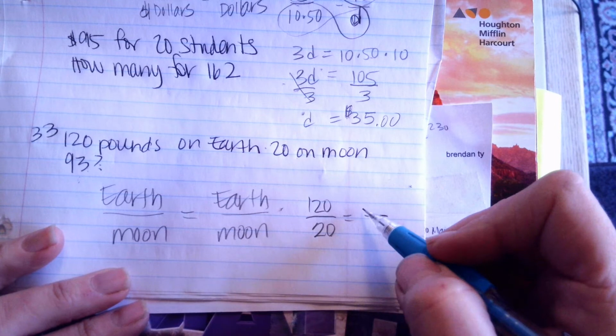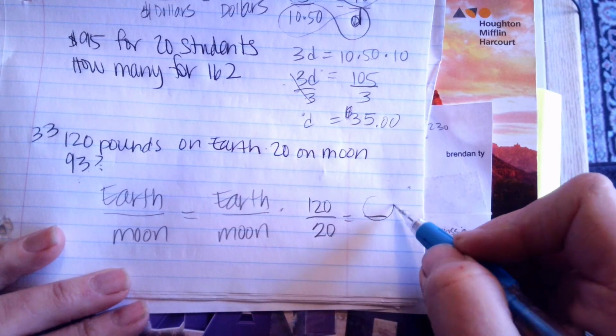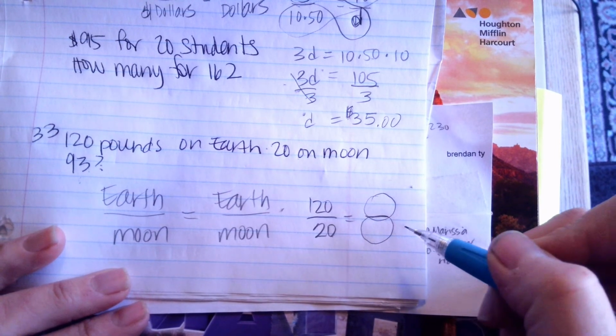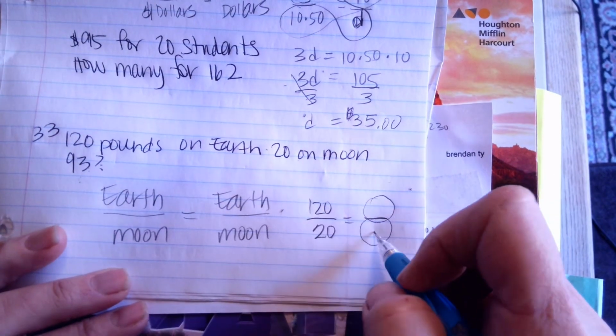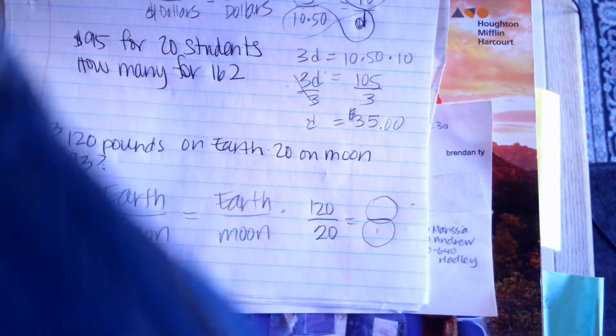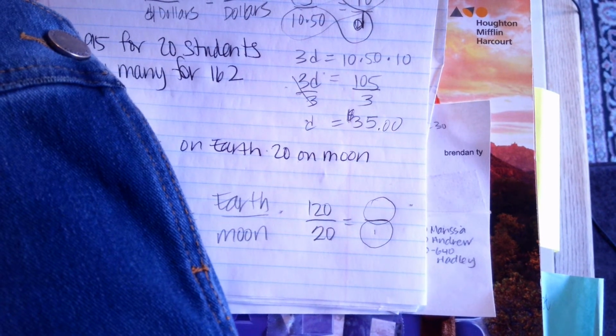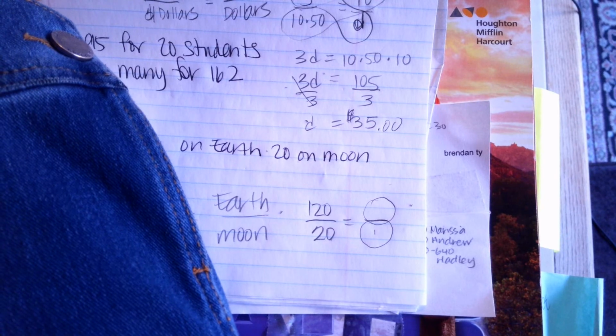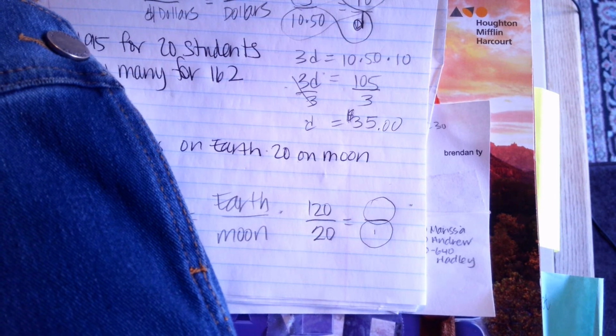So are they giving us Earth or are they giving us moon? Moon. So the moon would be what we're, oh, wait. You think that they're saying the moon? I mean, they're asking us for moon. Yeah.